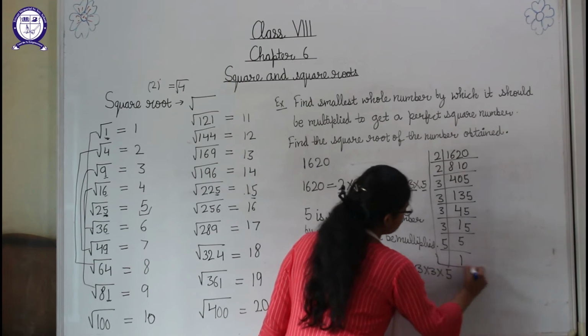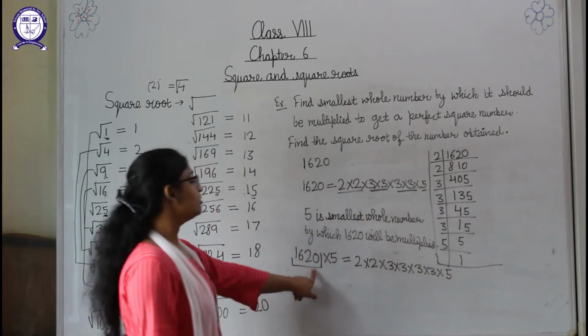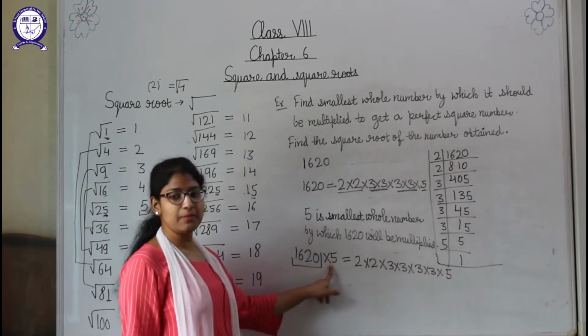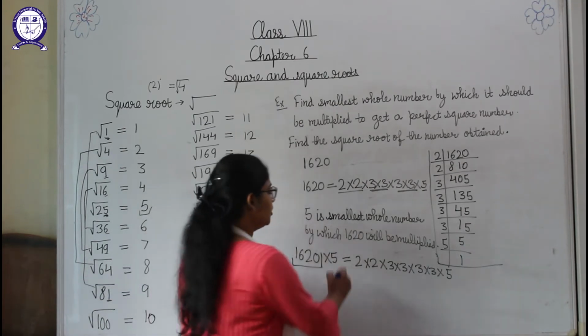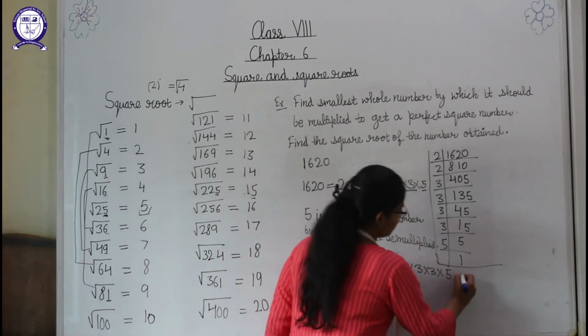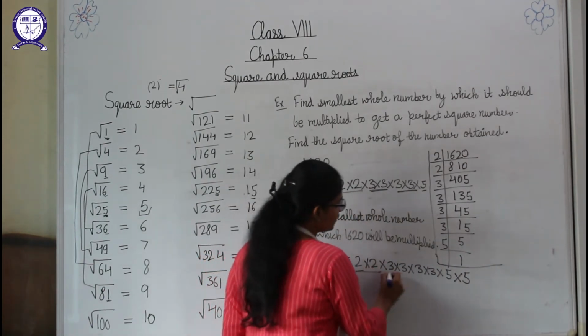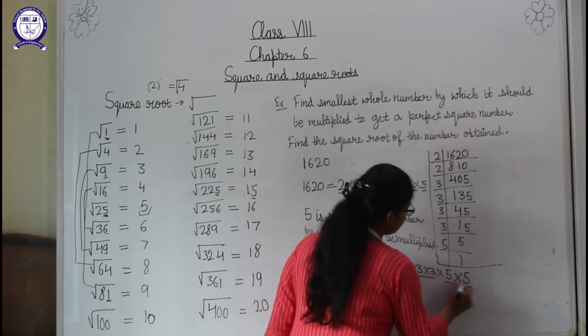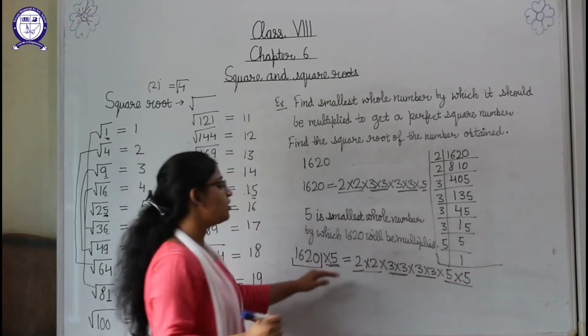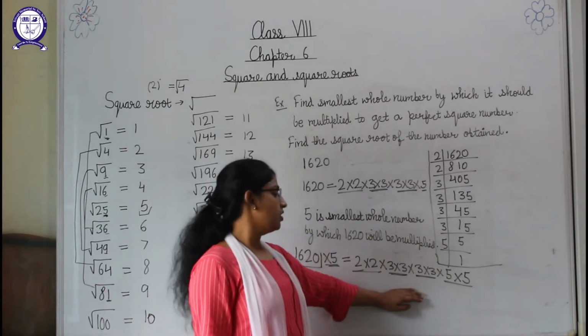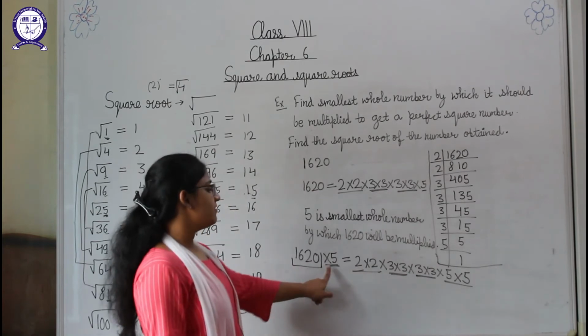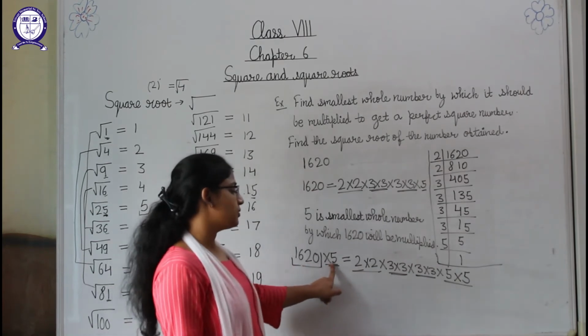These are the pairs. Now in the multiplication, 5 is also here, so I am putting 5 here. So this is one pair, this is another pair, and this is the fourth pair. It means now it is a perfect square. We will find what we get after multiplying 1620 with 5.